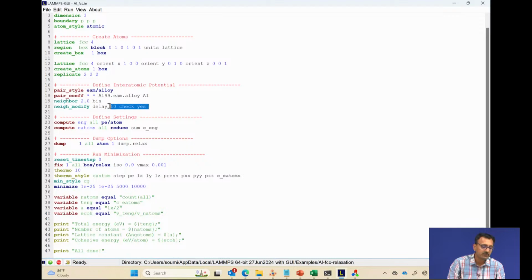So these are some of the physical aspects. Now there are some numerical, or computational, aspects involved here. For example, these two lines here, neighbor 2.0 bin. What is this supposed to do? It's not very efficient for LAMMPS to continuously track the set of atoms that are within a cutoff distance. So you can maintain a neighbor list for each atom. It's like a library.